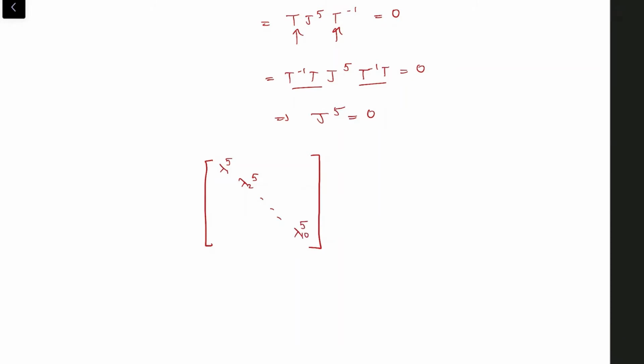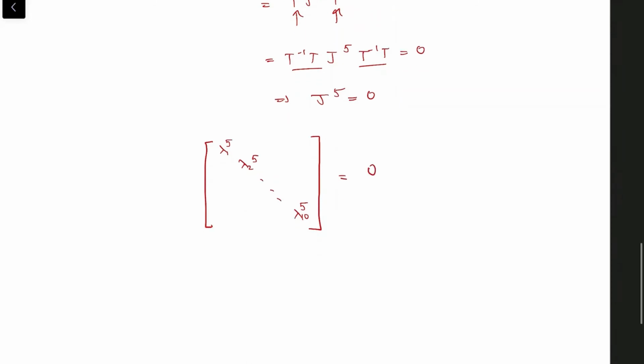It will have some non-diagonal entries, of course, but the diagonal entries will be the following. Now since this is equal to 0, we can clearly say that all the eigenvalues raised to the power of 5 must be 0, which means that, for example, if lambda 1 power 5 is equal to 0, it must be that lambda 1 is equal to 0.